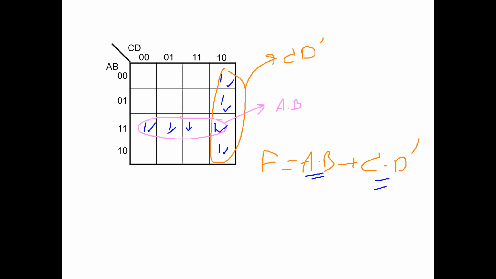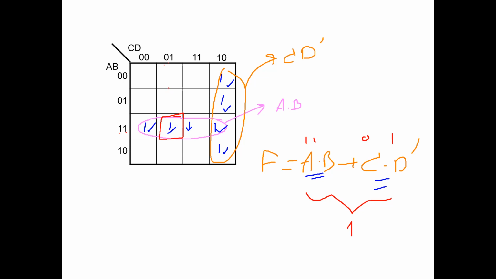This cell, the input A, B, C, D corresponding to this cell is 1, 1, 0, 1, right? So when you apply A, B, C, D with 1, 1, 0, 1, it will give the result 1, right? The cell that you select will give logic 1 output.